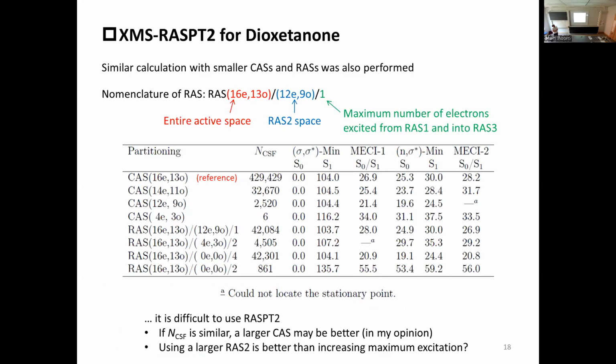But SCF convergence is a little poorer than the case of CAS, so it's difficult, and it takes time because it's not as efficient as CAS. Yeah, of course. Okay, thanks.